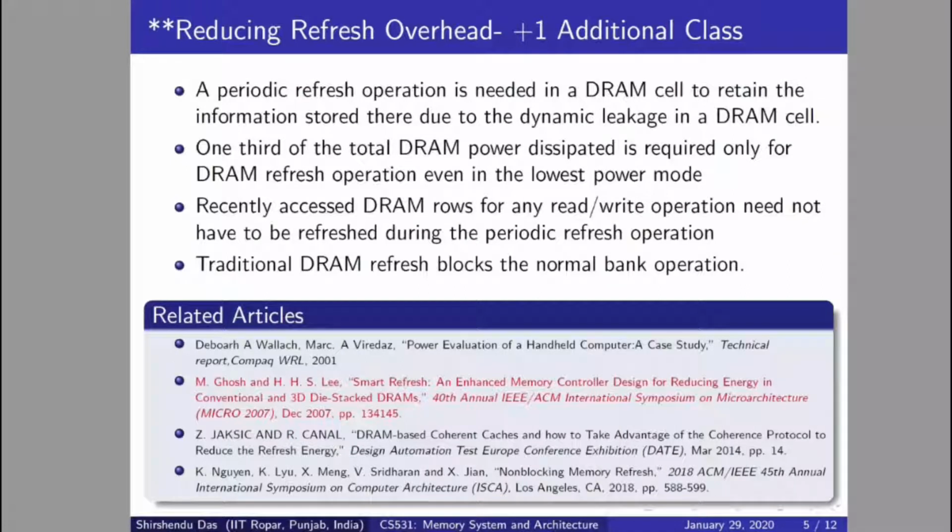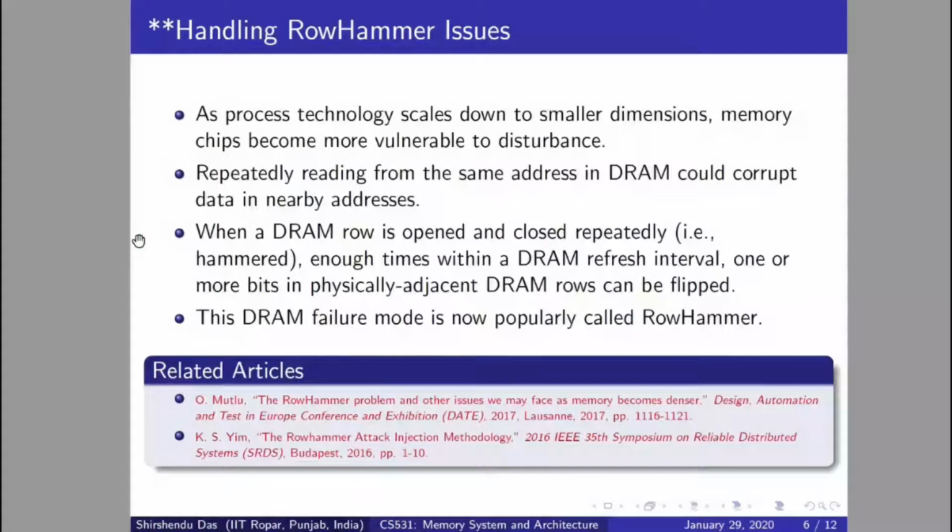The next concept that we'll discuss regarding DRAM is the row hammering issue, or row hammer. What is row hammer? I have already explained in class. If you remember, I said that row hammer means if there is a row in DRAM and the top and bottom rows of this row are accessed very rapidly, then that may affect the content of this particular row.